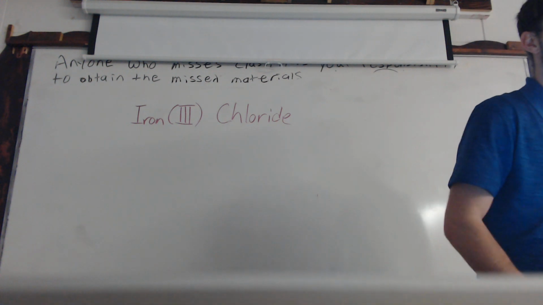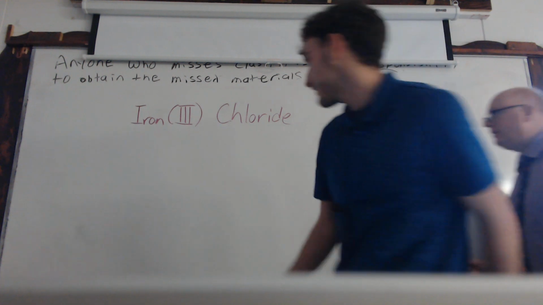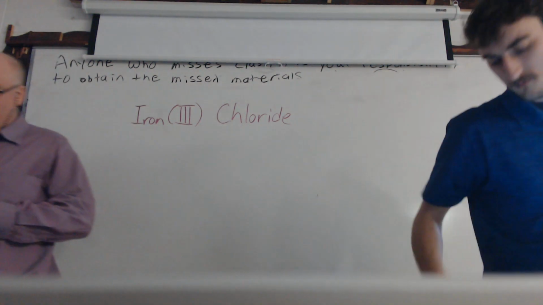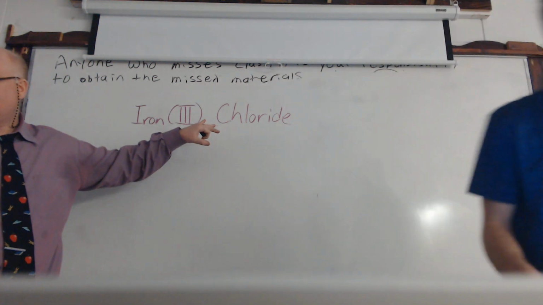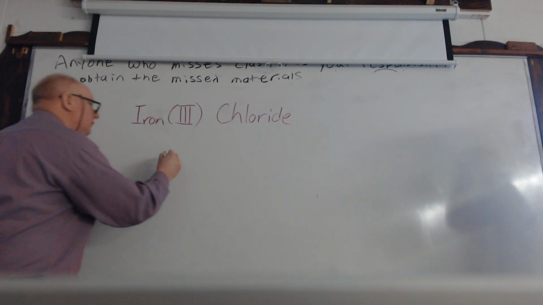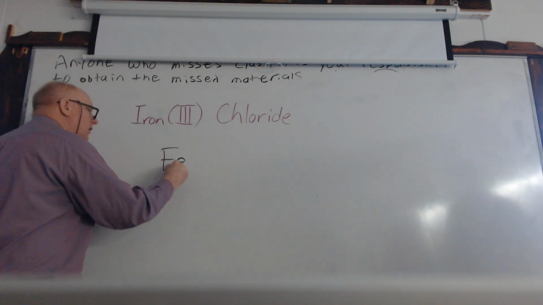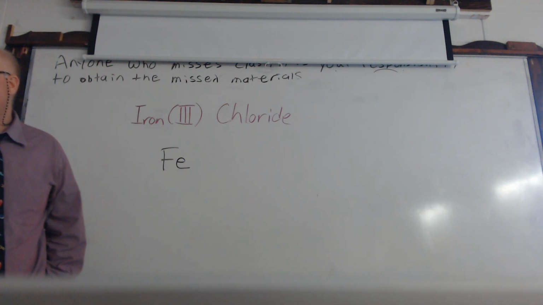How do I explain how to do iron 3 chloride? Just Fe and then 1, 2, 3. Okay, very quickly, if you had to write the formula for this, what is the symbol for iron? Fe, okay, and then what's the symbol for the chloride ion?